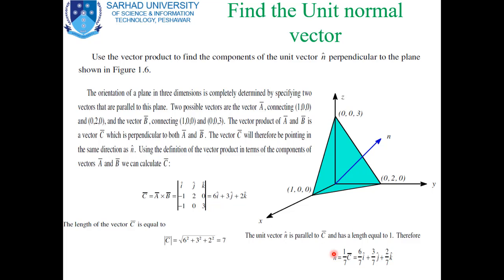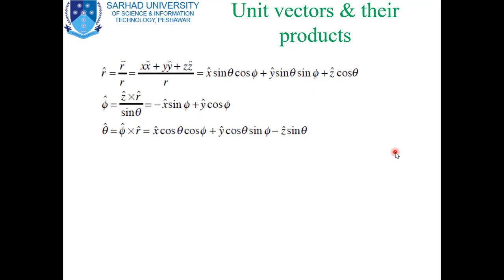So 6 divided by 7 i plus 3 divided by 7 j plus 2 divided by 7 k, and this is our normal unit vector, and you can easily check it by obtaining the magnitude of this unit vector. We will get 1.